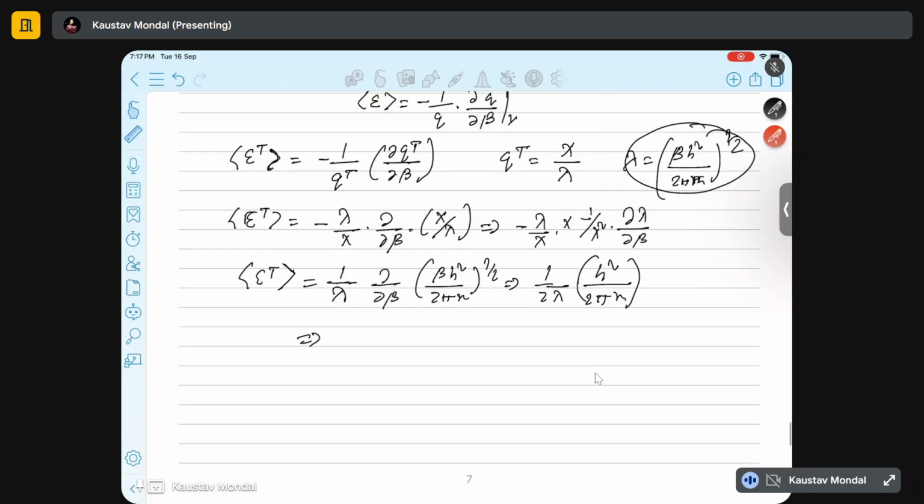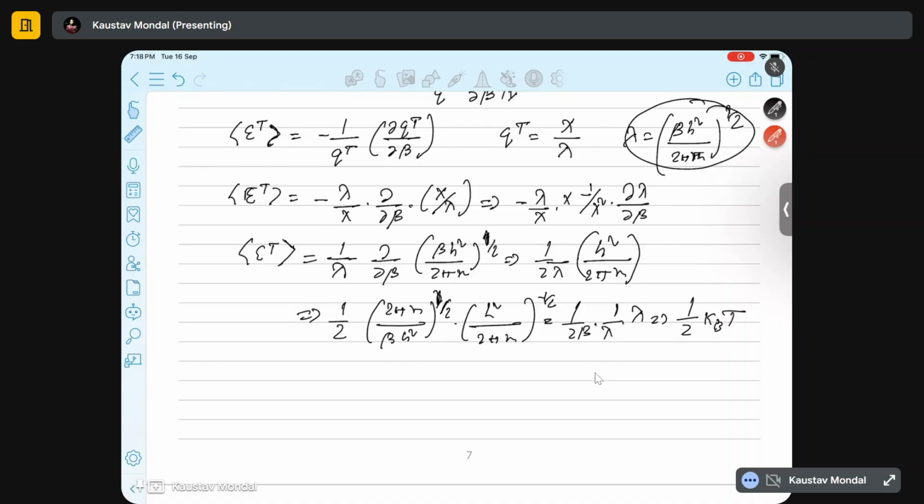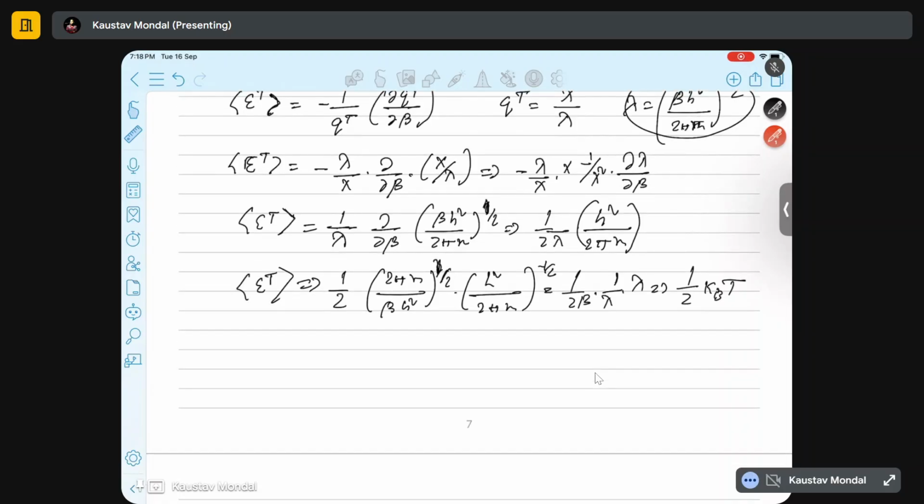If you now express the value of lambda, we get 1 by 2 beta, so the lambda by lambda cancels, giving half by k_B T. The expression of E_t would be half into k_B T, right?